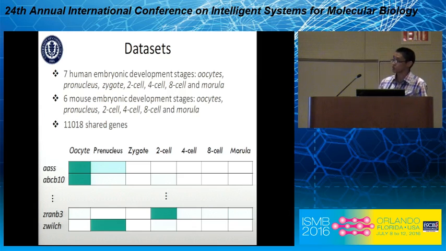Each data set here is basically a matrix. This is an illustration of such a matrix. Each row in this matrix is a gene, and each column is a development stage. The entry in this matrix is the gene expression value at the particular stage.